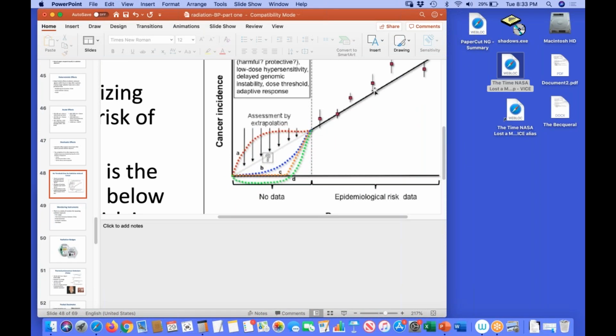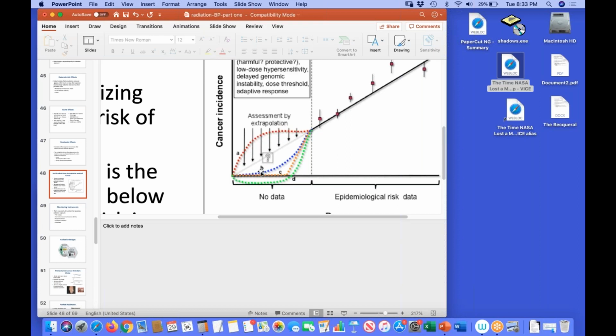The numbers they have up here are from actual epidemiological data. So they're able to draw basically a kind of regression line up here, where they can associate the amount of exposure with the probability of developing cancer. But down on this end, they're actually estimating it by extrapolation.